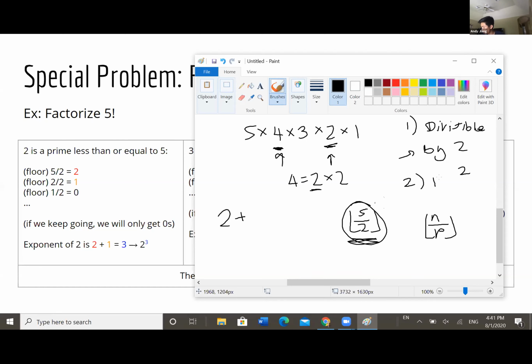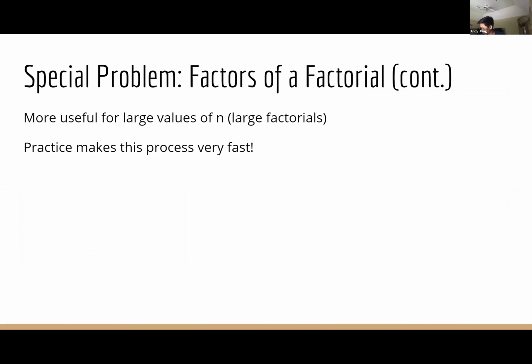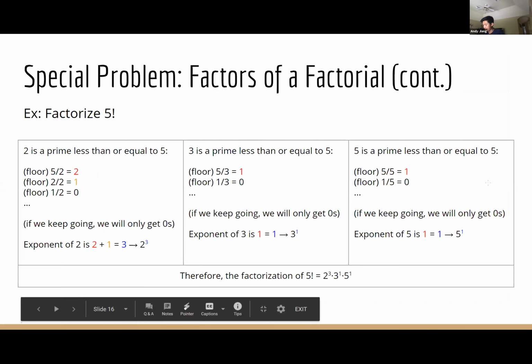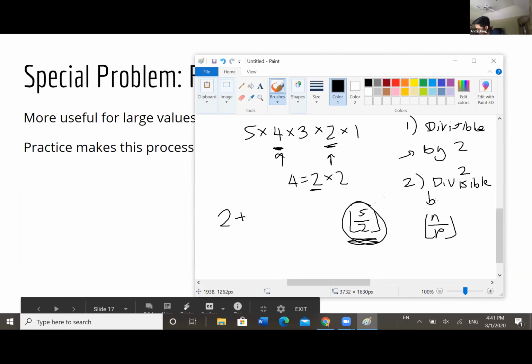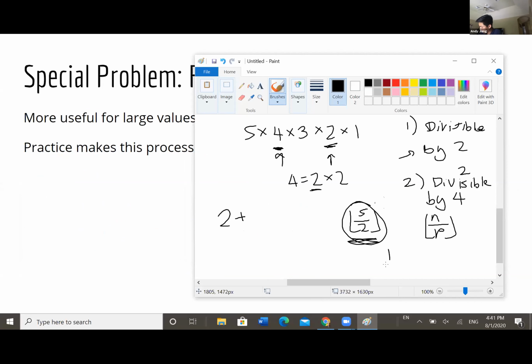So then I have to look at the numbers divisible by 4. This would be the floor of 5 over 4. And actually, this is the same as the floor of 5 over 2, divided by 2, then floored. So it would be the same thing as dividing this number by 2, then flooring it. I divide that number by 2, I get 1.